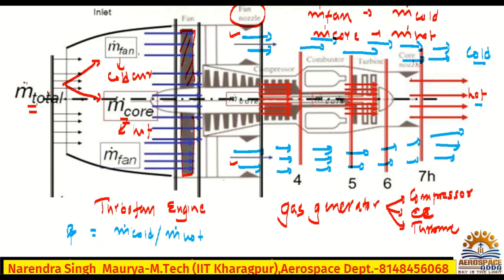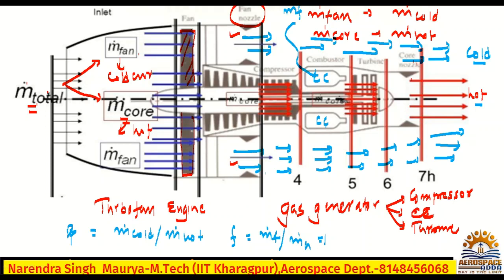And the fuel air ratio is also given. What is the fuel air ratio? F, I told you, is the mass of the fuel injected divided by the mass of the air. So where will fuel be injected? In the combustion chamber. See, this is the combustion chamber, CC. So we are injecting fuel here, M dot F, on both sides.